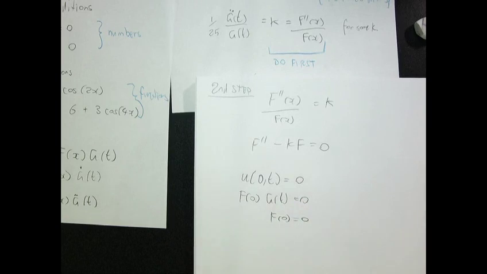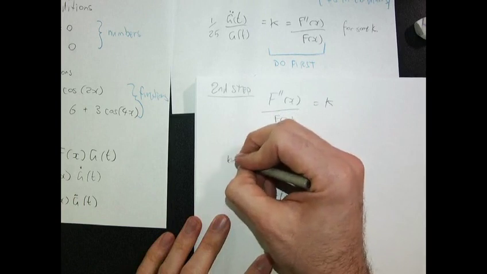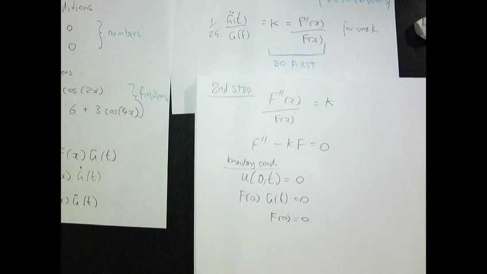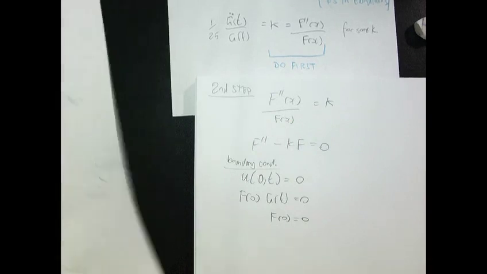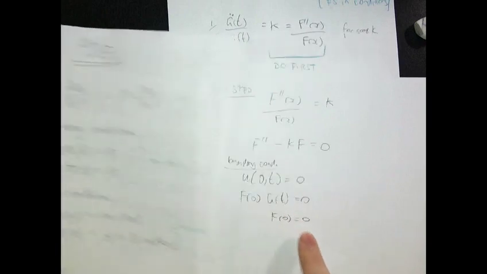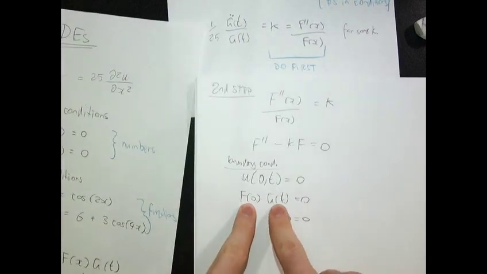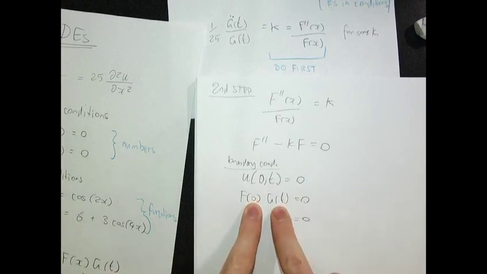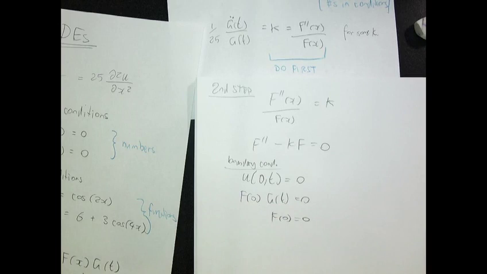So I've gone back to my boundary conditions, and I've subbed in, because u is really f of x, g of t, so I've subbed in the 0 for x and the t for g, and then I've divided by the g of t. The point is that regardless of the value of t, f of 0 always comes out to 0 no matter what t is. So if I just pick a value of t such that g isn't 0, I'm allowed to divide by it.